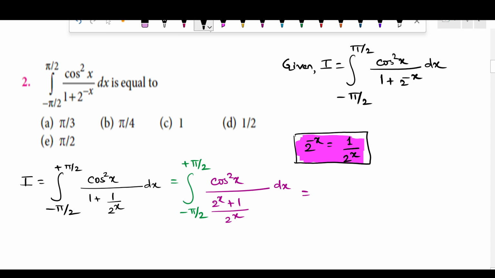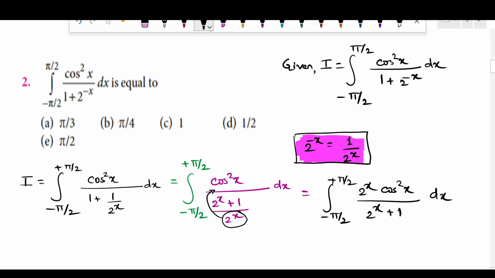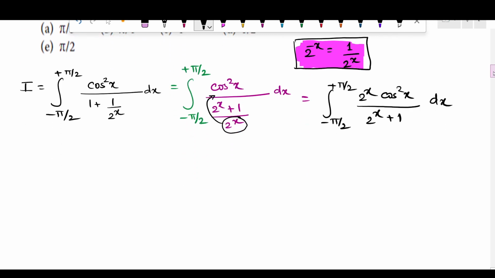Which is further equal to the integral from minus pi by 2 to plus pi by 2. This 2 to the power x goes over here, so this becomes 2 to the power x cos square x upon 2 to the power x plus 1 dx. Is this clear up till now?